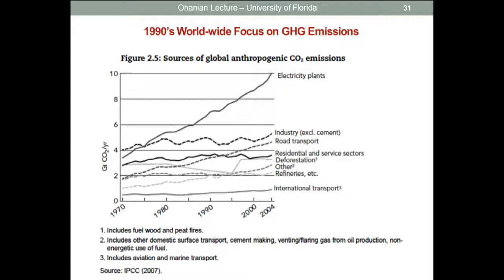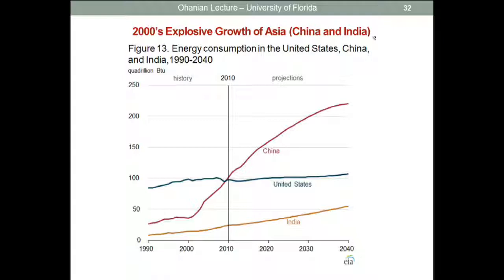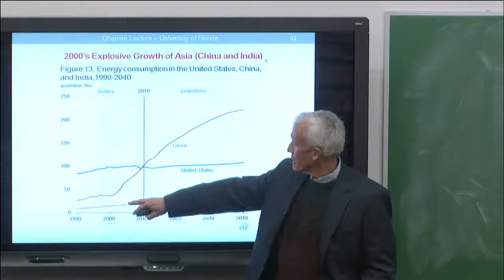But we're seeing this huge growth in anthropogenic CO2 production around the world, and people start to focus on it. And obviously in 1997, the Kyoto Accords were signed, and we're all in agreement that we're going to reduce our CO2 emissions. At least we say we are. And what's happened is we have some other players. China comes in terms of energy generation.